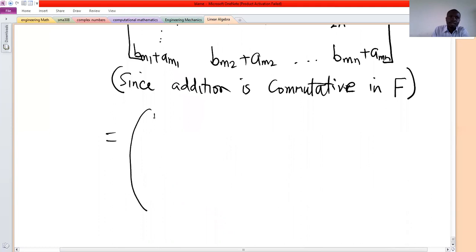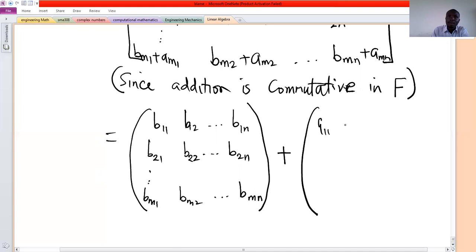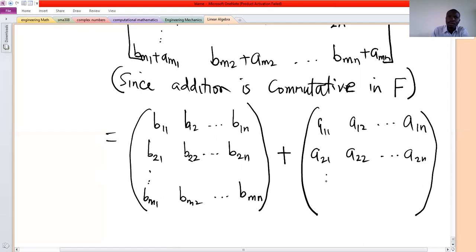So that can be written as B11, B12, up to B1n, B21, B22, up to B2n, Bm1, Bm2, up to Bmn, and then plus A11, A12, up to A1n, then A21, A22, up to A2n, Am1, Am2, up to Amn.